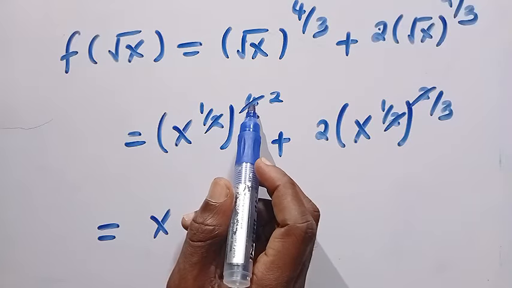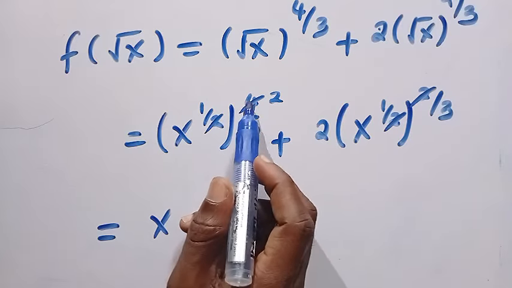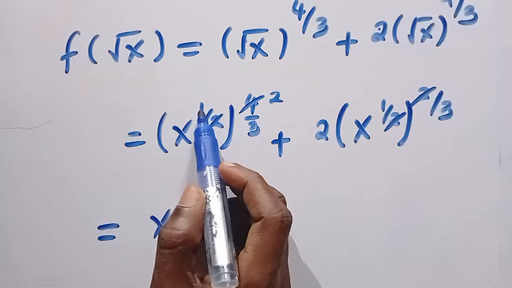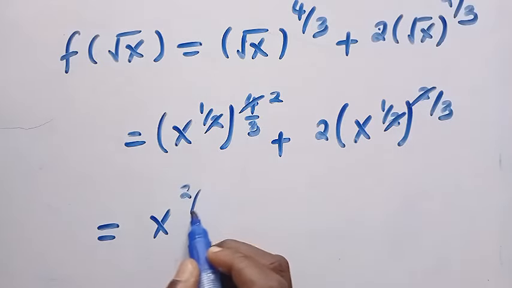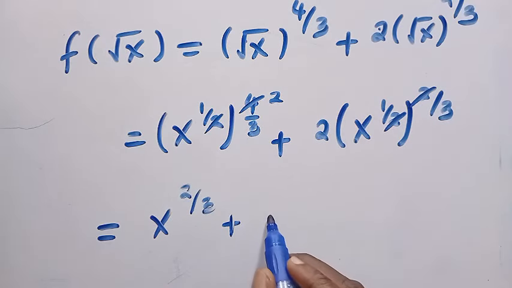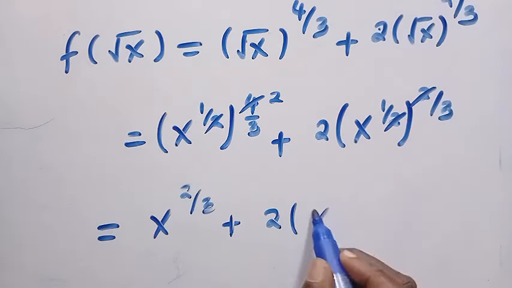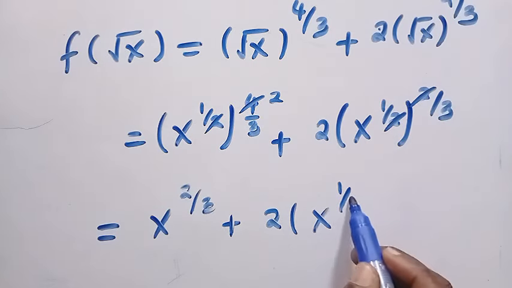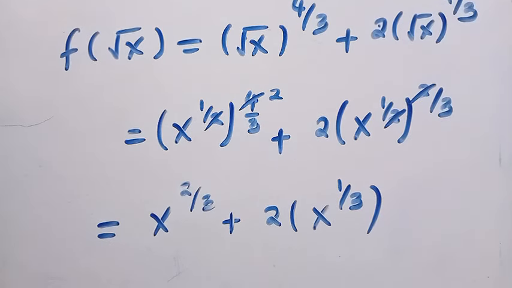When 2 goes in 4, we have 2, and here is 1 as well. 1 times 2, that is 2 over 3, plus 2 into bracket of x raised to power of, here remains 1 divided by 3.